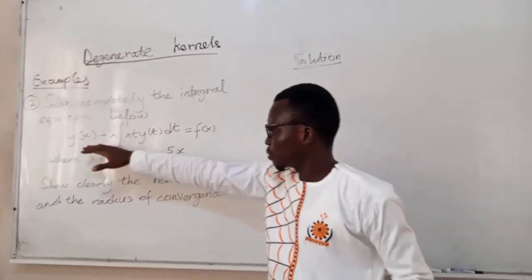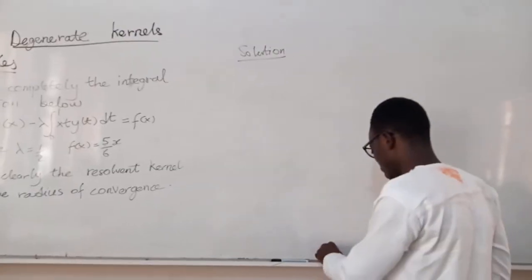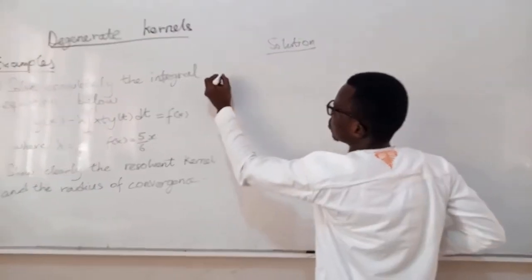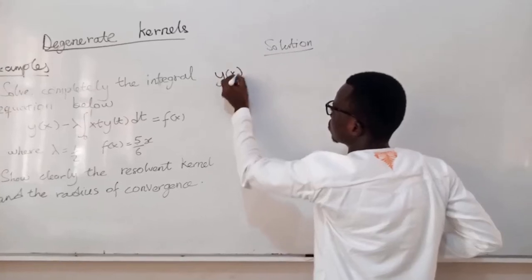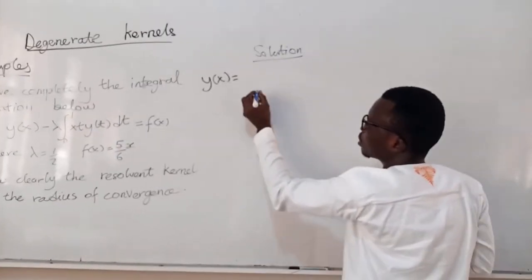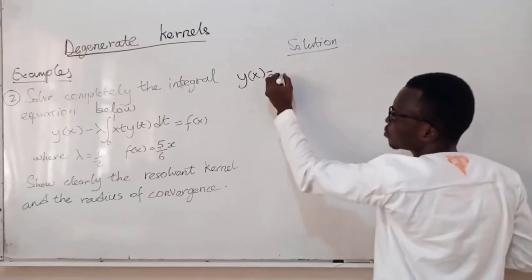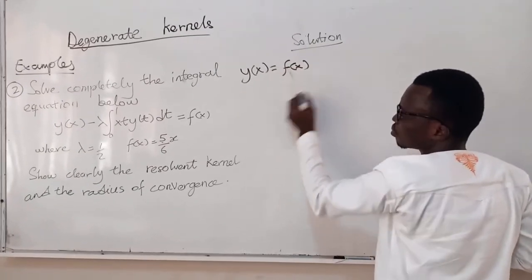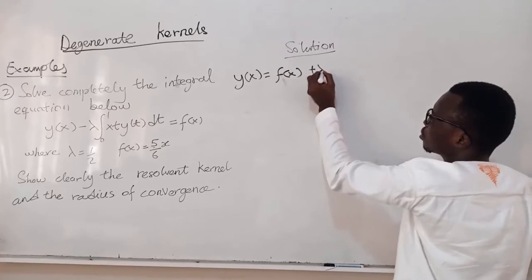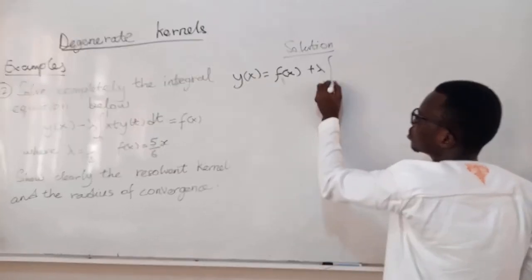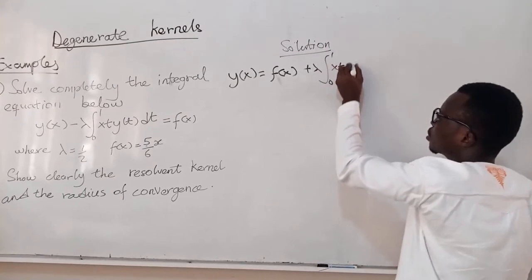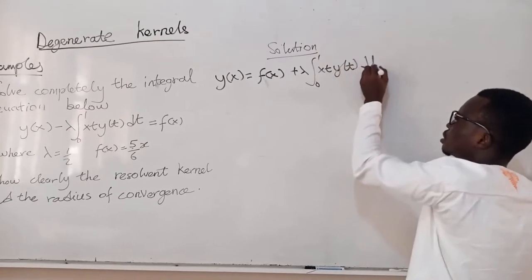Alright, the equation is given as this. So let's rewrite this equation as y of s equal to f of s plus lambda integral from 0 to 1 s t y of t dt.